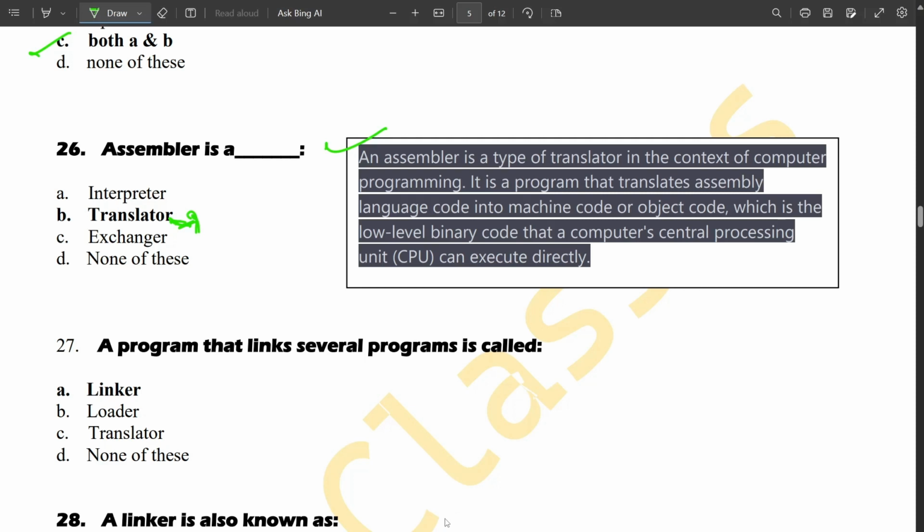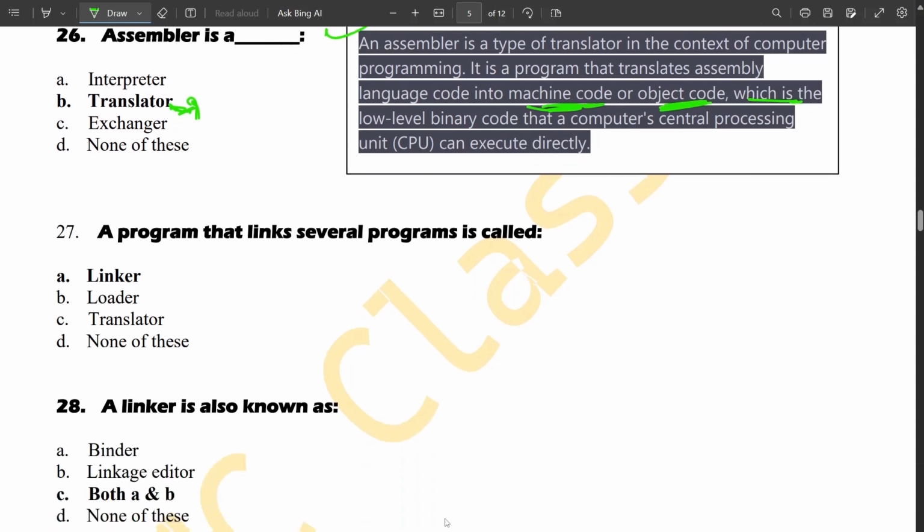It is a program that translates assembly language code into machine code or object code, which is the low-level binary code that a computer central processing unit, that is CPU, can execute directly.